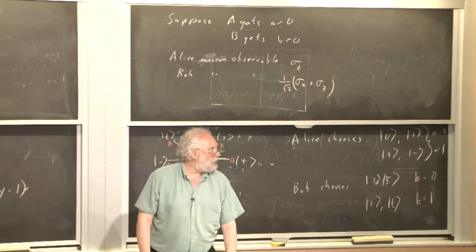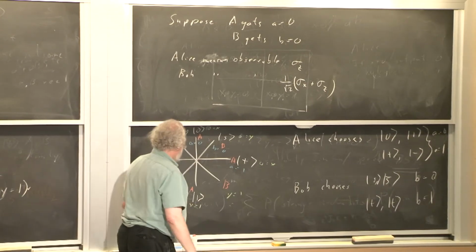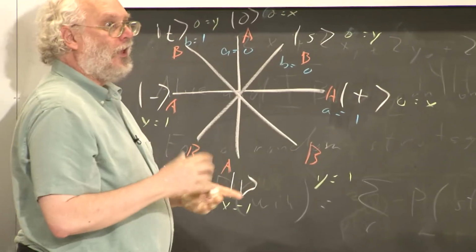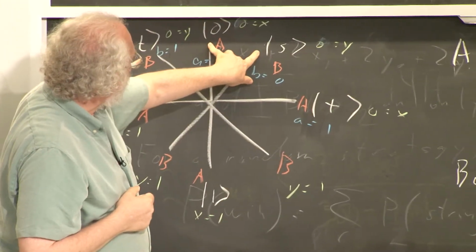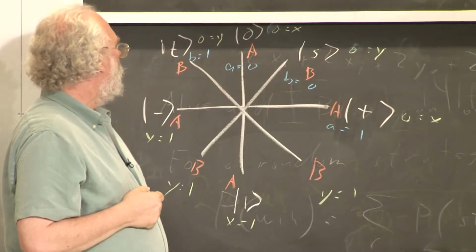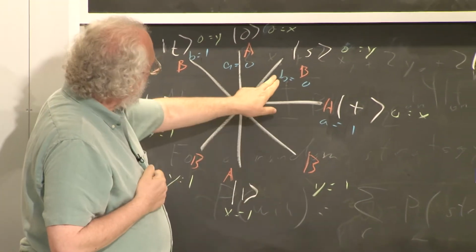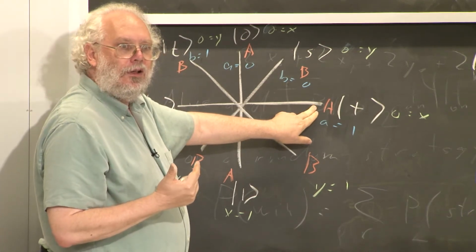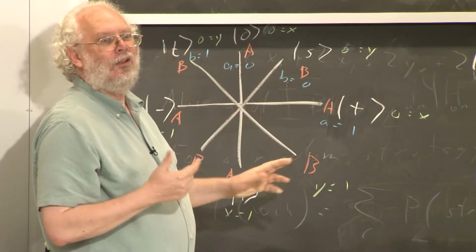So let's go back and look at this picture again. That was the probability that Alice and Bob won if they got A equals 0, B equals 0. Well, the probability that we win if they get B equals 0 and A equals 1 is also, yeah?